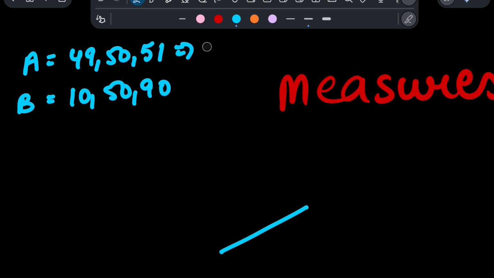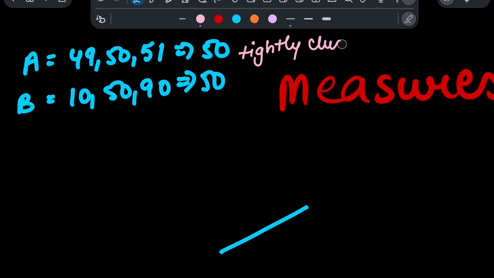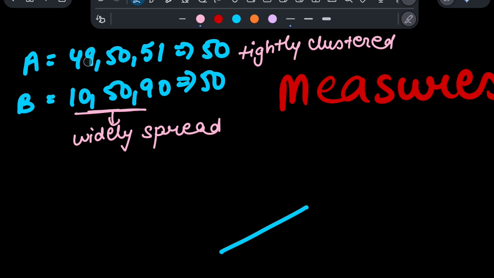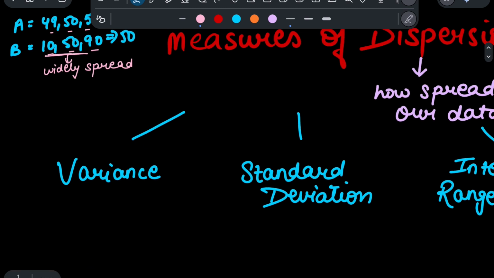Both of their means would be 50, but data set A is tightly clustered while data set B is widely spread, and without dispersion we miss the variability story. You know that 49, 50 and 51 are very close to each other, while 10, 50 and 90 are far away from each other.